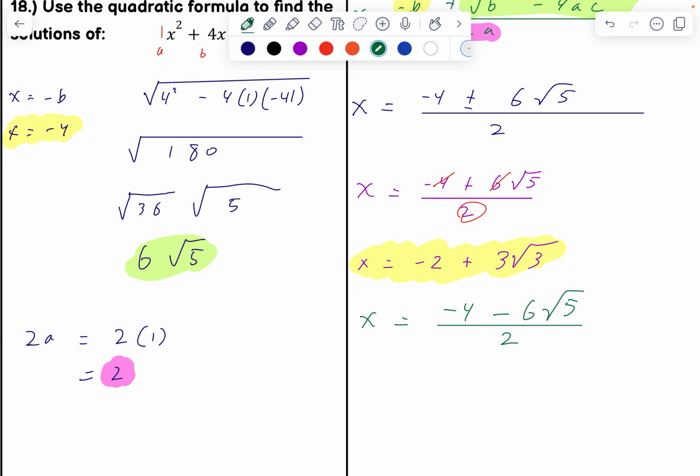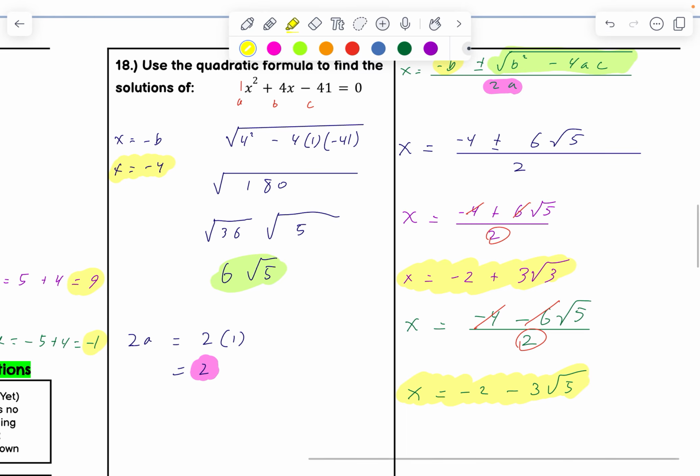And we're going to end up doing almost the exact same thing. We're going to divide negative 4 and negative 6 by 2. And that'll drop us off with x equals negative 4 divided by 2 is negative 2. Minus 6 divided by 2 is minus 3 radical 5. And we have our second solution. As simple as it could be. Set to go.